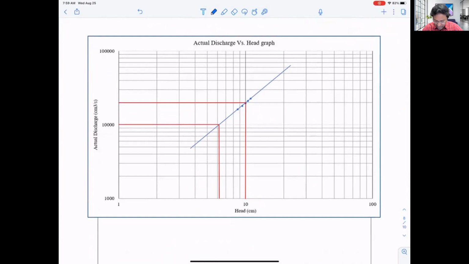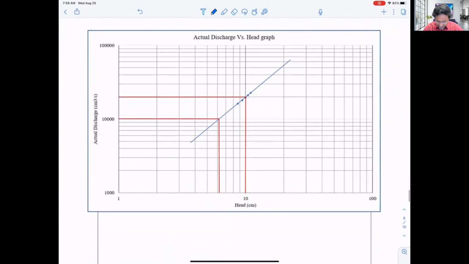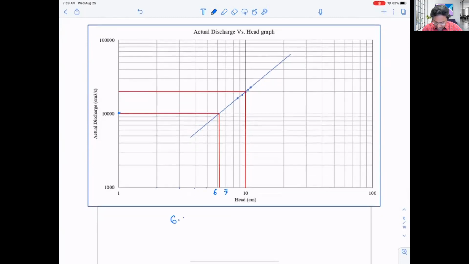I marked this red mark here again, the first point, this point, and that point. So we have 10,000 here, but the value of H, the head here, is 1, 2, 3, 4, 5, 6, that is 6, that is 7. So that will be 6.2, maybe, okay, 6.2, and the actual flow rate is 10,000.